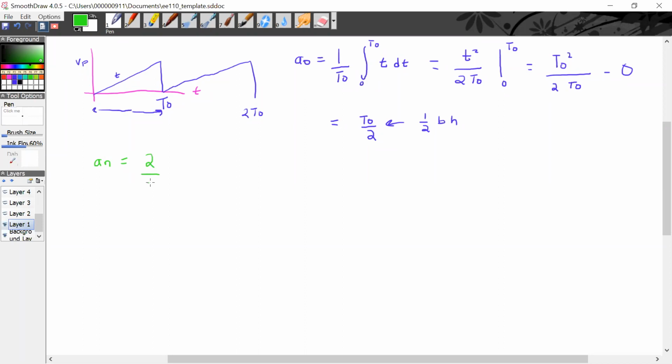So 2 divided by T naught, integrating up to T naught, we have t cosine 2 pi n t over T naught. To keep it generic, we put the n there.